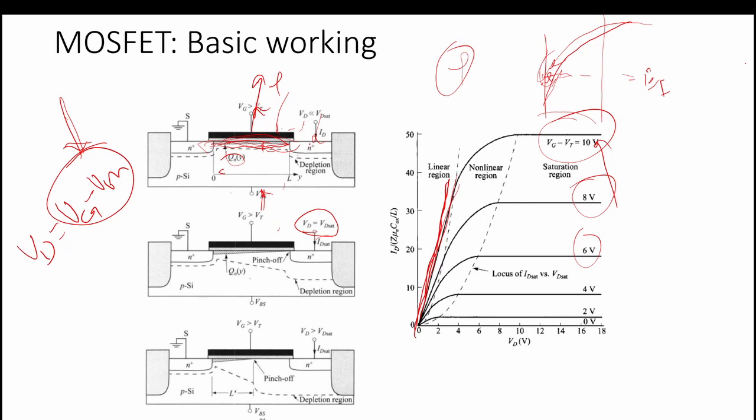But at this point, we apply a positive voltage at the drain and a positive voltage at the gate. So the voltage difference between the gate and drain is very small, and there won't be any channel at this junction.